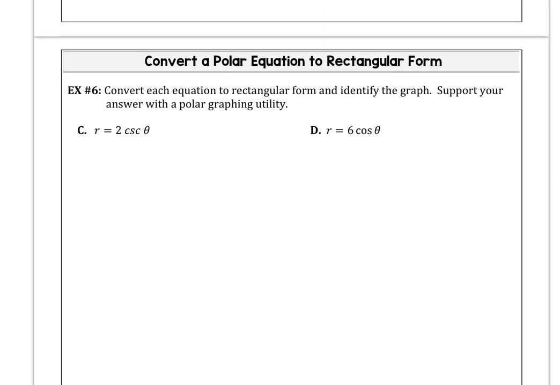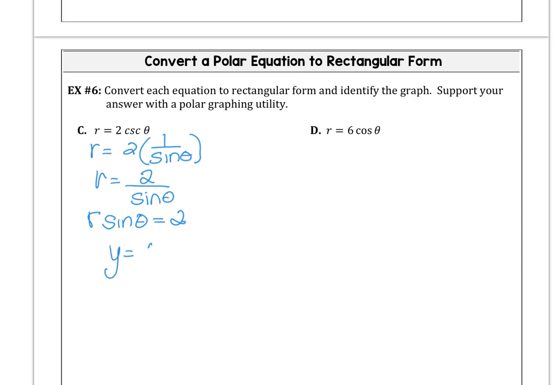Here we have r is 2 cosecant. So r is 2 times 1 over sine, using a trig identity. r is 2 divided by sine. So r sine theta equals 2. r sine theta is y equals 2. This is a horizontal line.